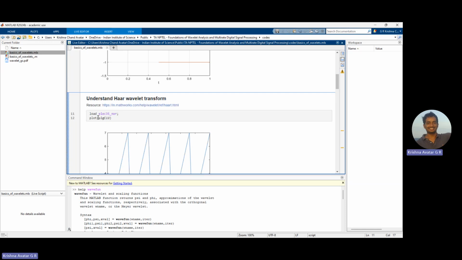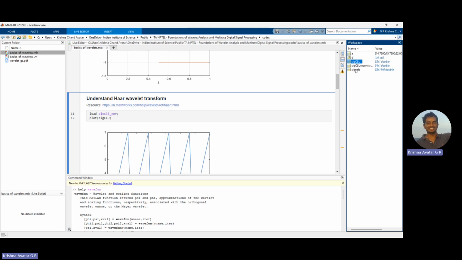So if we want to execute it, I'll just press Control plus Enter, and it will be evaluated. So this has sigCLU and signals, stored in this file here.